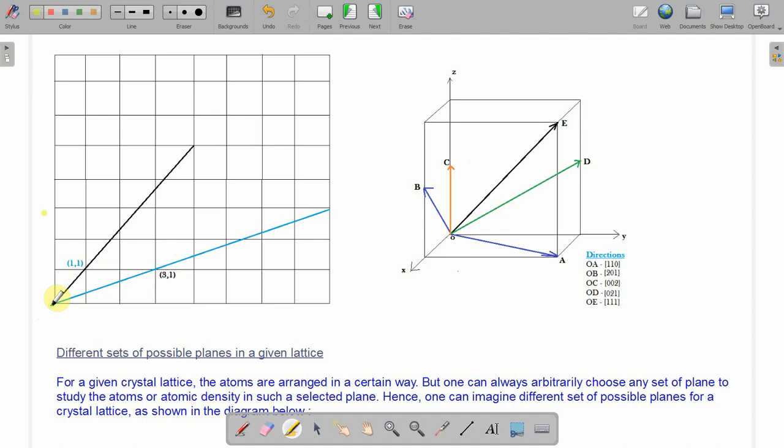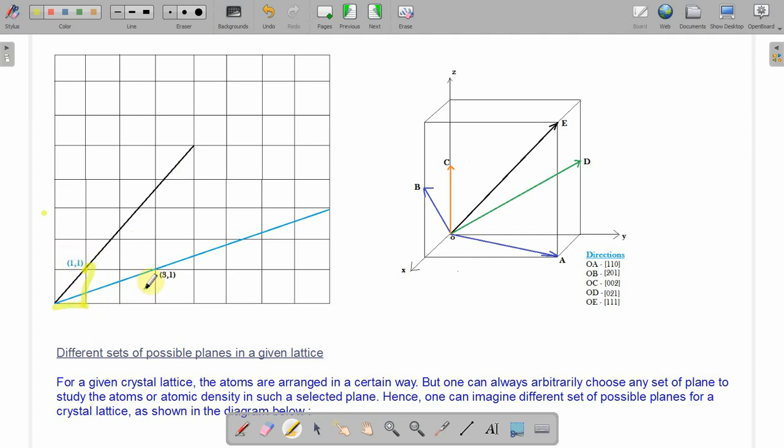Now, the smallest possible values of x and y through which this line passes is 1, 1. That is, 1 unit along the x direction and 1 unit along the y direction. That is this point, through which this line is passing, and hence the direction is 1, 1.